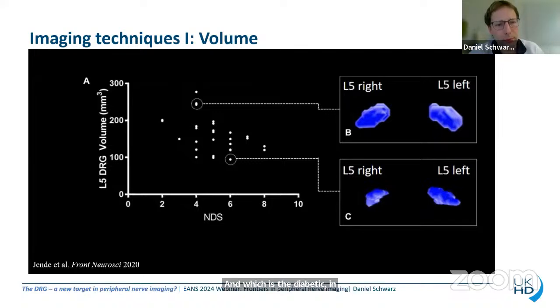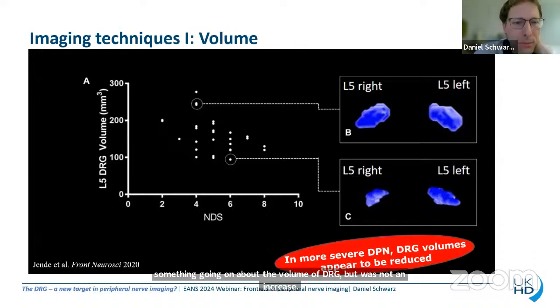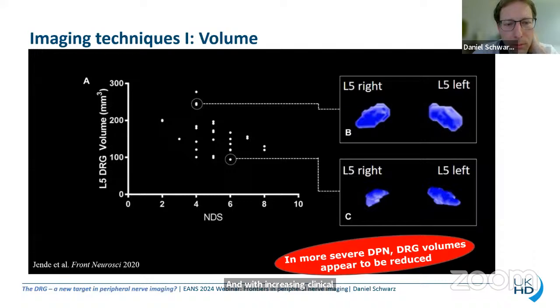And in diabetic polyneuropathy, it was also found that there was something going on about the volume of DRG, but it was not an increase with increasing clinical symptoms, but in fact, there was an atrophy of the dorsal root ganglia. As you can see here in the data, in more severe DPN, the DRG volumes are actually reduced.